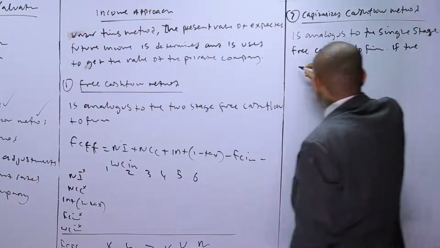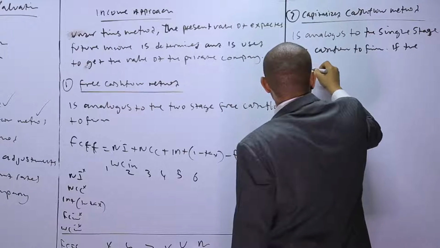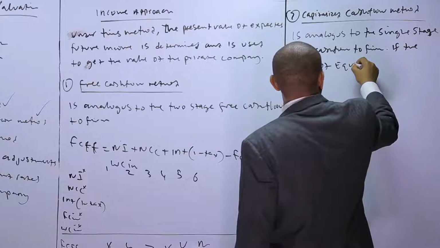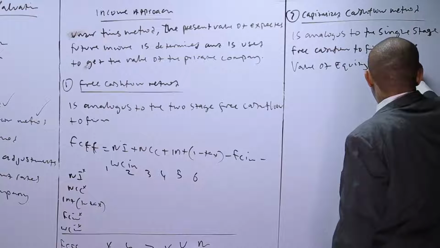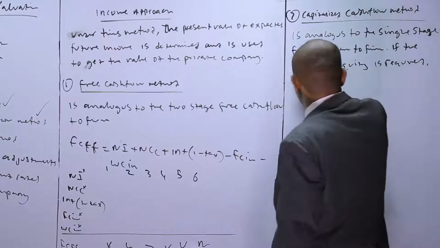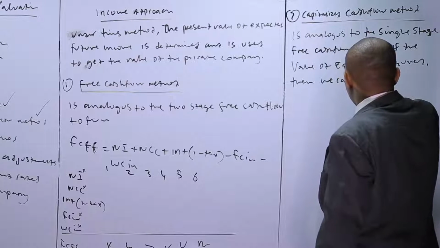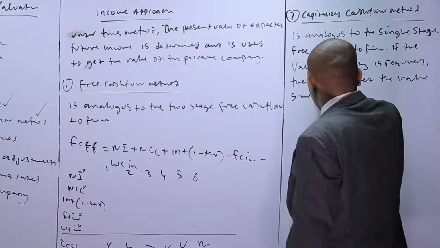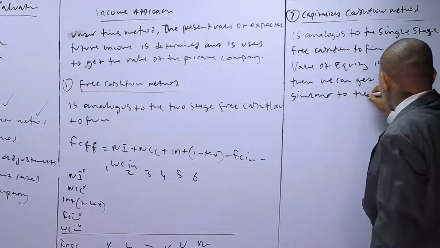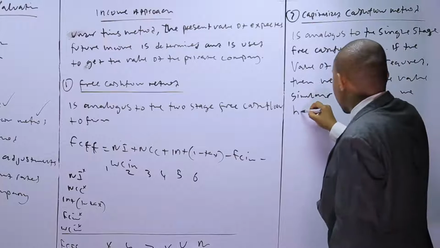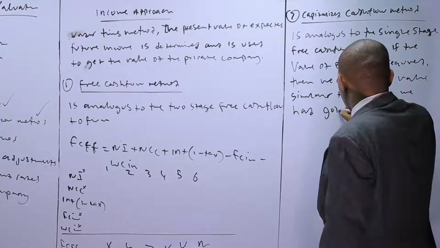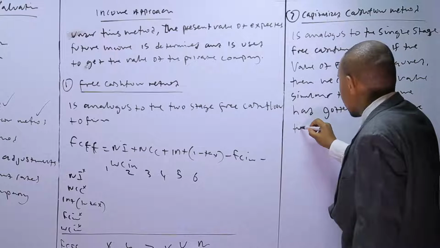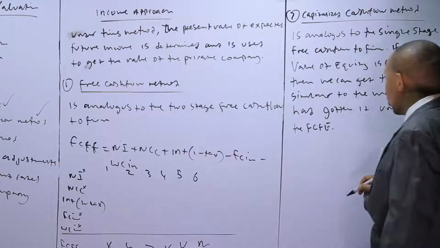If the value of equity is required, we can get the value similar to the way we got it under the free cash flow to equity, FCFE, method.